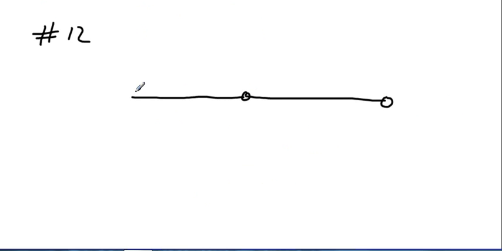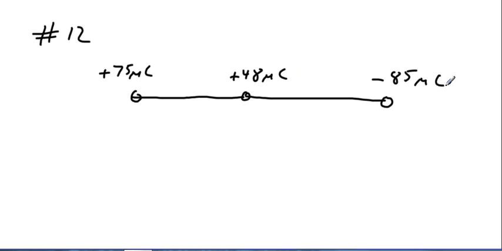Okay, next problem is number 12. And we have 3 charges sitting in a line, which is always convenient. So we have a charge of 75 microcoulombs. I left the plus off because it was implied. Plus 48 microcoulombs and a minus 85 microcoulombs.